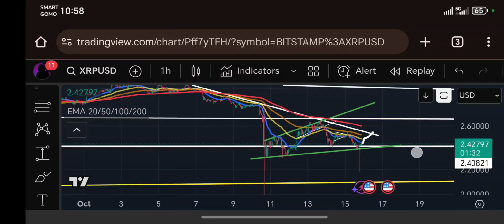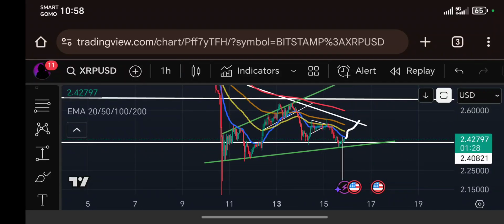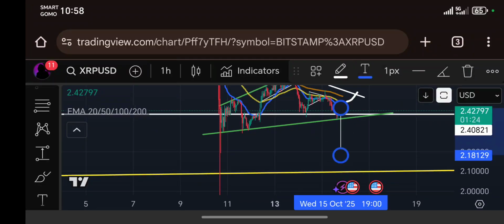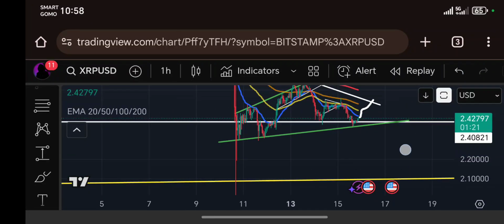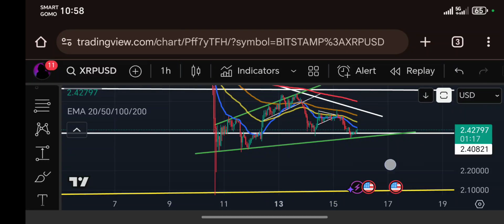I want XRP to go up today, just like that, so we can invalidate these head and shoulder patterns, and so we don't need this one. That's all I want XRP to do now.